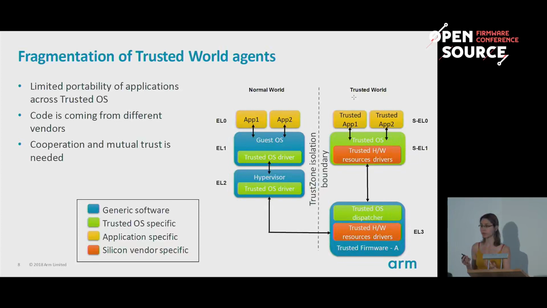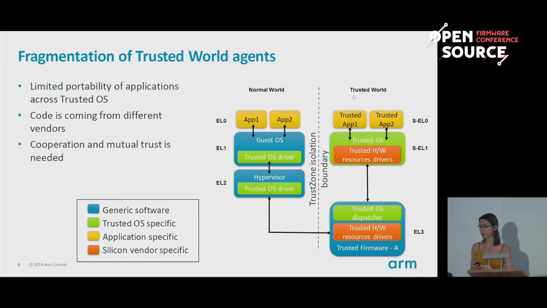Although there is some standardization at the application level to communicate with the operating system, the standardization doesn't go beyond that. So if you've got a particular trusted OS, you've got to have the corresponding trusted OS driver in your operating system and potentially in your hypervisor as well, if you have one, in order to be able to communicate with this trusted OS.